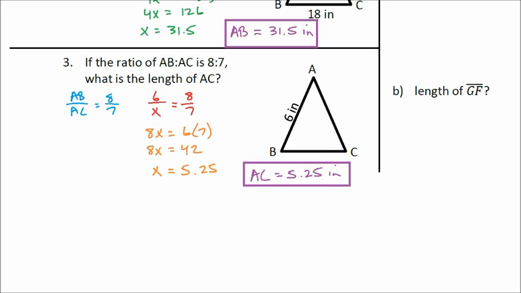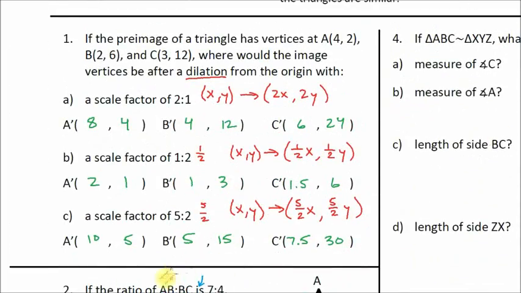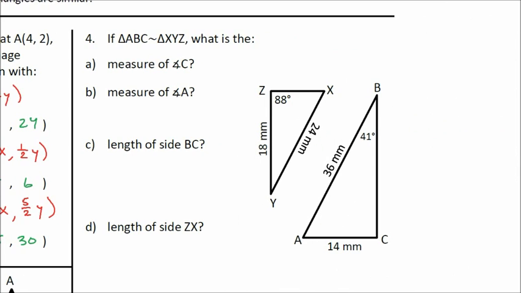All right, let's continue to question number 4. We got to find some missing measurements. If triangle ABC is similar to triangle XYZ, what is the... We're going to be asked a bunch of questions. I'm going to go through my process with you. First process is I'm going to write my proportionality statement.